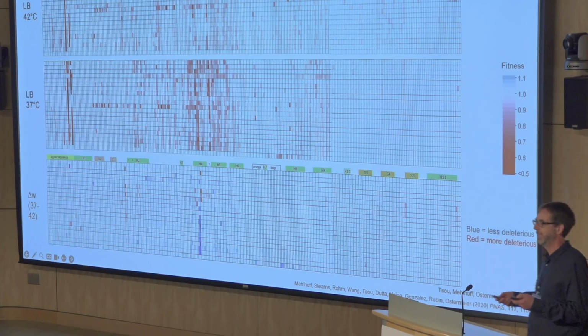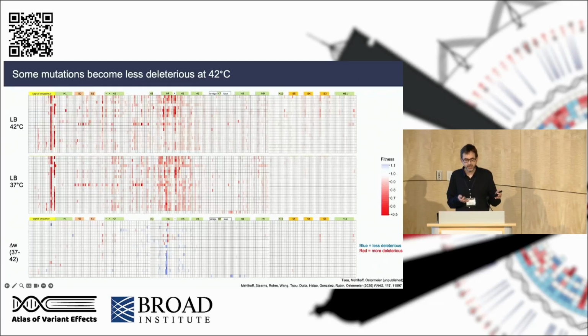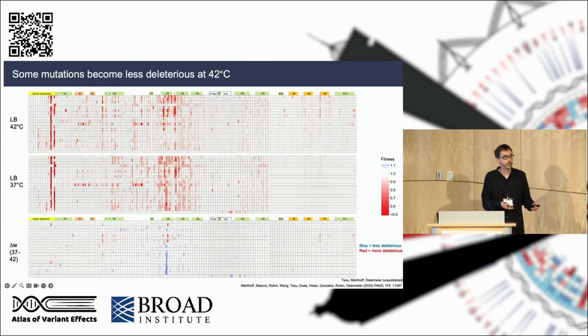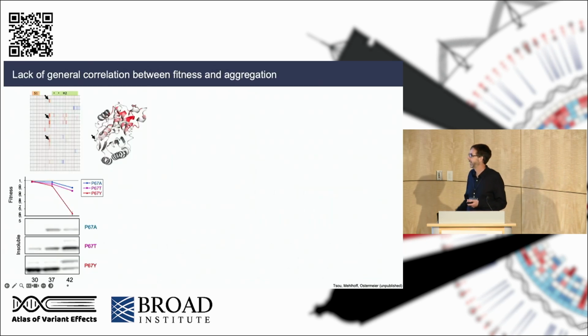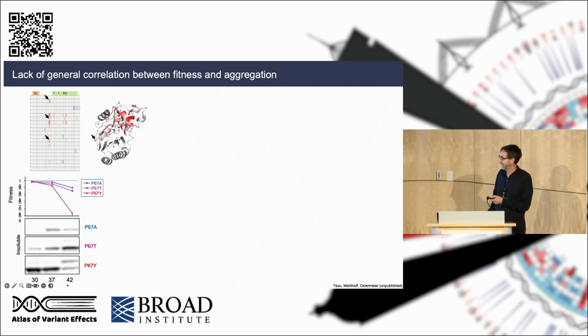We also wanted to see, now that we change the growth conditions and see less collateral fitness effects, do we also see less aggregation? And the results there are very mixed. If we look at some mutations that get much more deleterious at 42, in some cases we get a lot more aggregation, and in other cases we get less, although we get aggregation of something where the signal sequence is not cleaving.